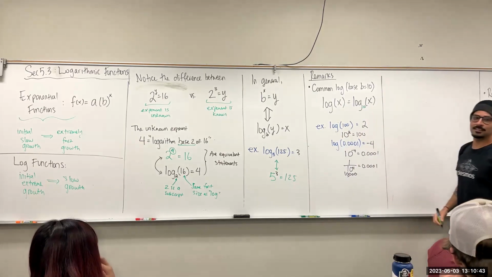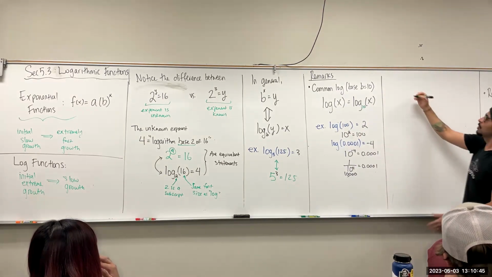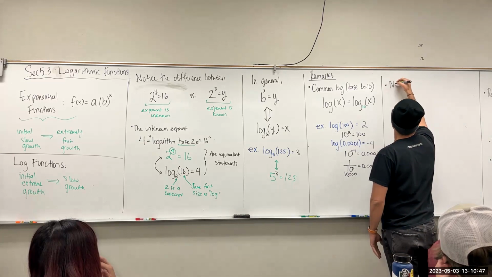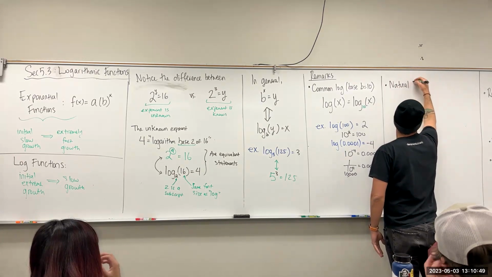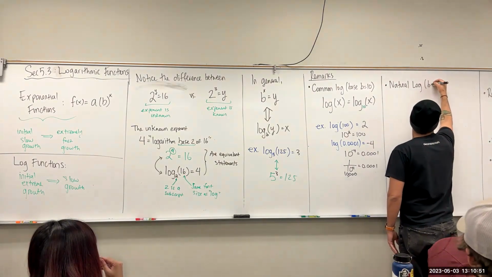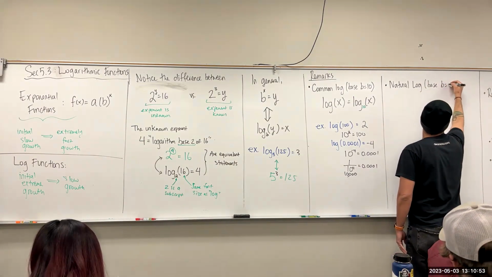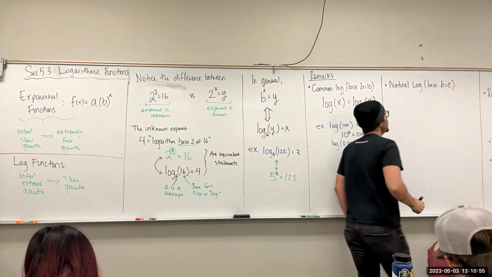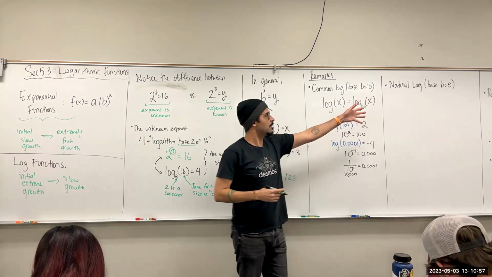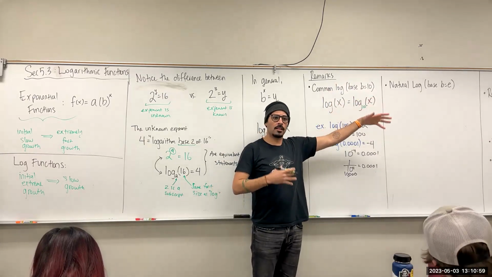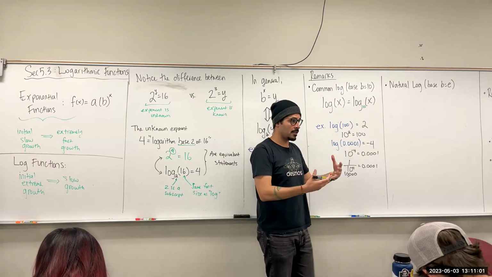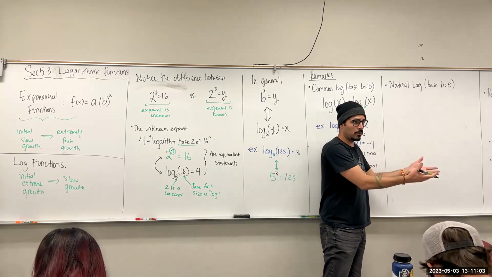Yeah, because if we look at the other one, it's called the natural log. That one uses base b equals that irrational number e. And again, why are we using that one? Like I mentioned on Monday, a lot of natural science and finance uses exponential functions.